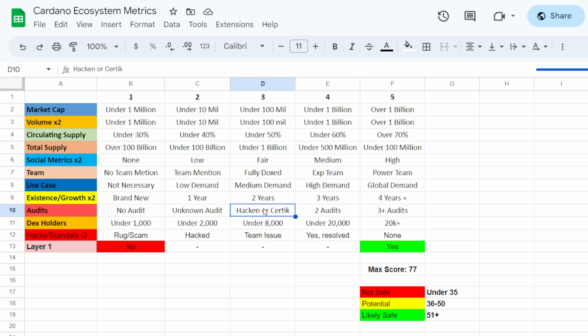Now, there's one element to this though, where oftentimes when somebody hires an audit company, they may say audited by CertiK, right? But what they don't say is only one element of their smart contract was audited.